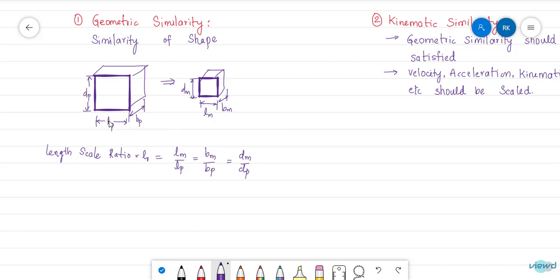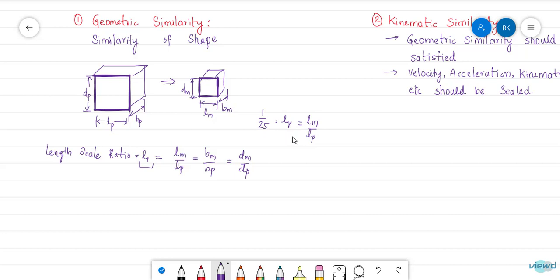So the ratio LR is some constant value that we take, and for example if LR is 1 by 25, that means LM by LP is equal to 1 by 25.